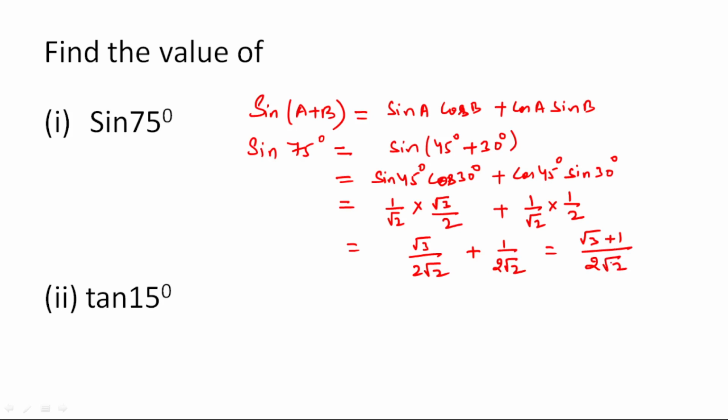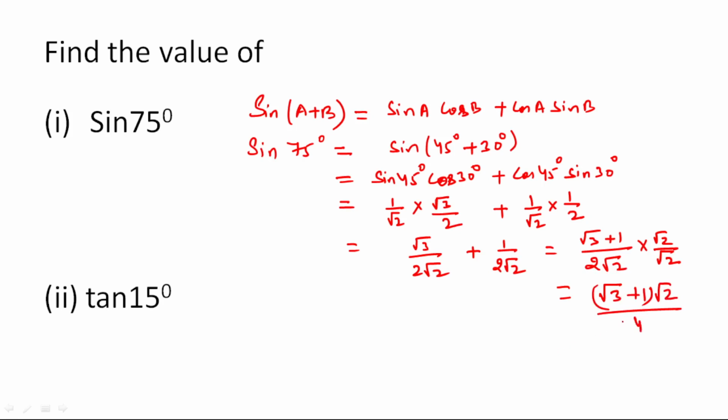As we do not keep root in the denominator, we will be multiplying with root 2. Then we will get root 3 plus 1 into root 2, and in the denominator we will get 2 into 2, that is 4.